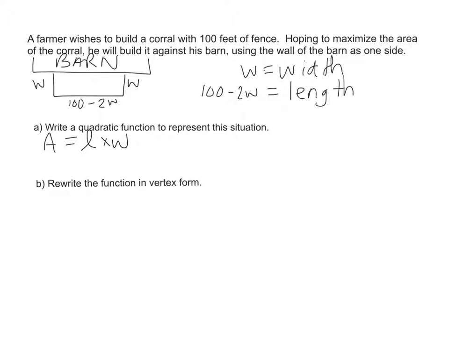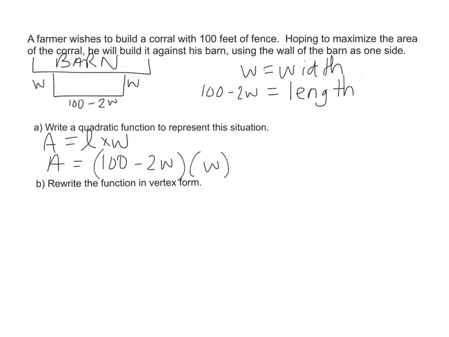There's 100 altogether. We used up W and W for the width, so there's 100 minus 2W left for the length. And then that's going to give you your equation. Area is going to be equal to (100 minus 2W) multiplied by W, length times width.